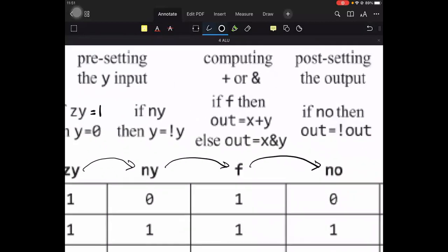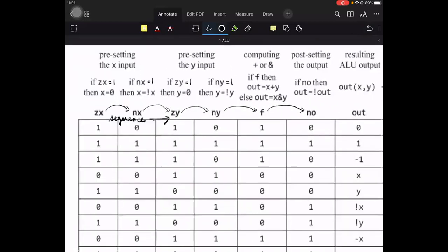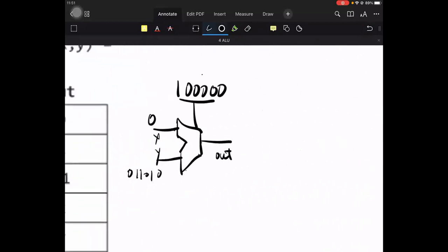If NY is also 1, it converts Y into the inverse, which is all ones. Meaning, in our ALU, if the opcode is 1, 1, 1, 1, first it converts X into all zeros, and then it inverts X. Because it's all zeros, its inverse is all ones.